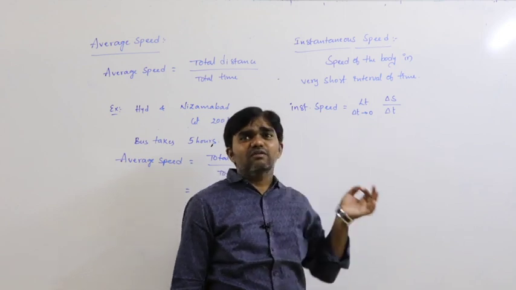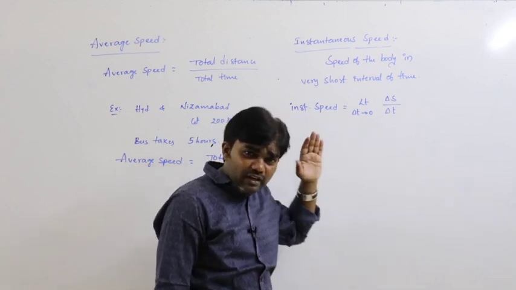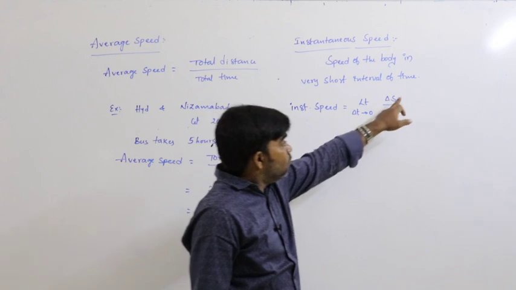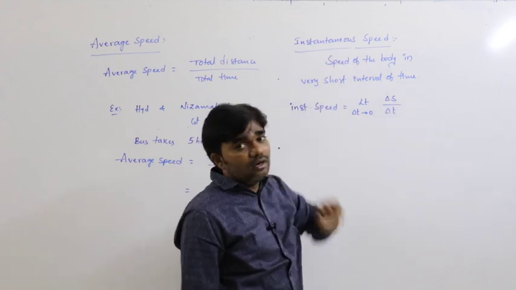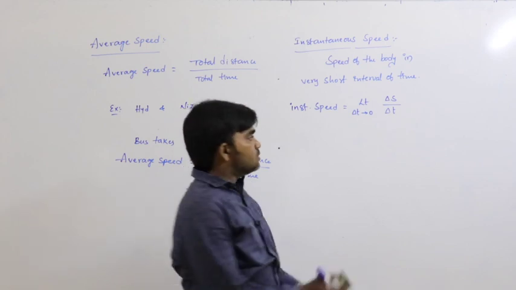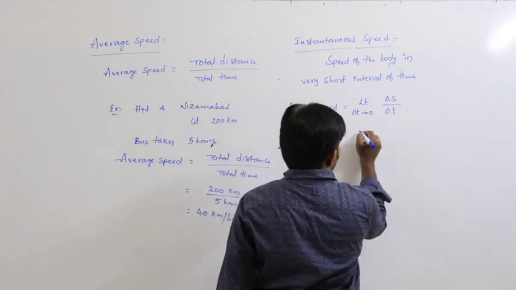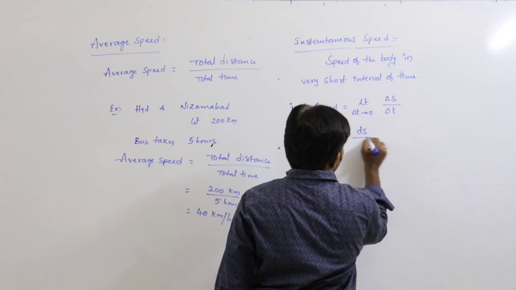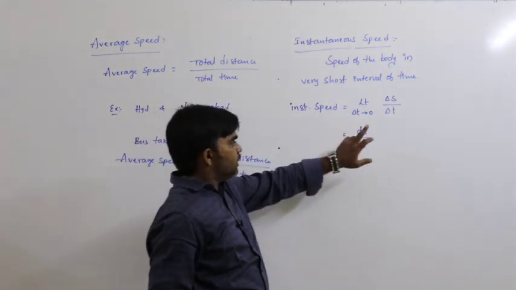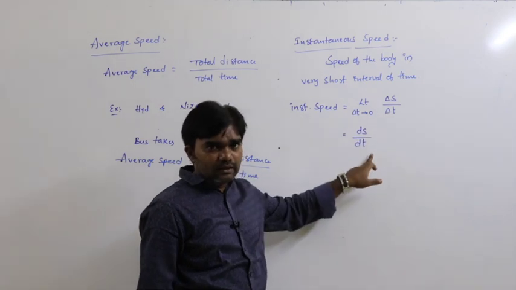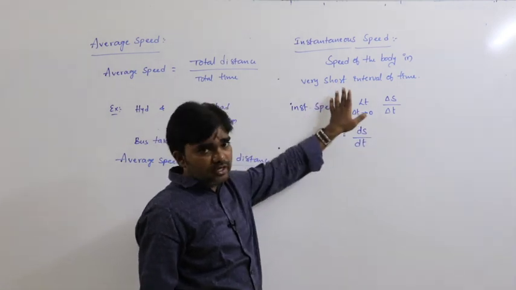Let us say 1 millisecond, 1 microsecond, like that. In that very small interval of time, what is the change in the position of the body? That is called instantaneous speed. This can also be written as ds by dt. So instantaneous speed can be written as ds by dt.